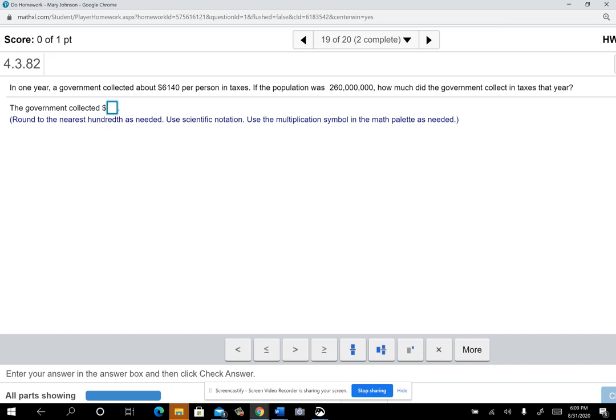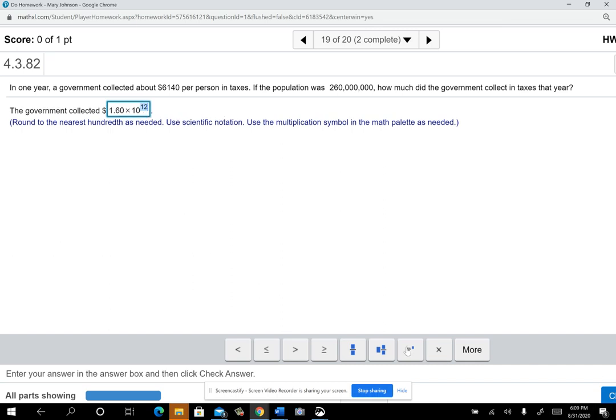I'm going to round it to 1.60. It said round to the nearest hundredth. And then I'm going to use the math palette and then make that 10 to the 12th. And see if that's what they meant, okay?